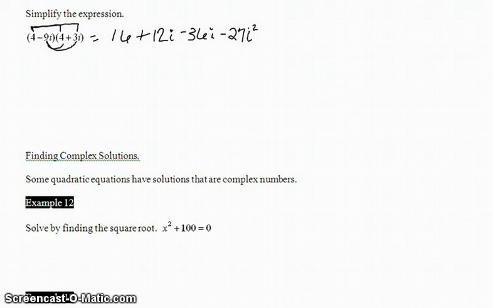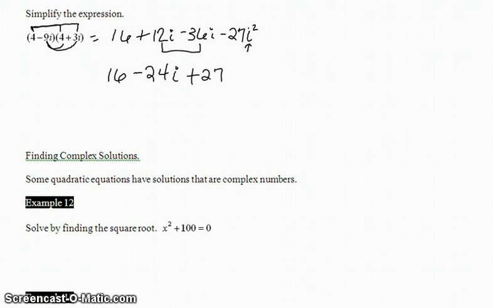Now, we need to combine our like terms and substitute negative 1 in for that i squared. So I have 16, 12i minus 36i is negative 24i, and negative 27 times negative 1 is positive 27.